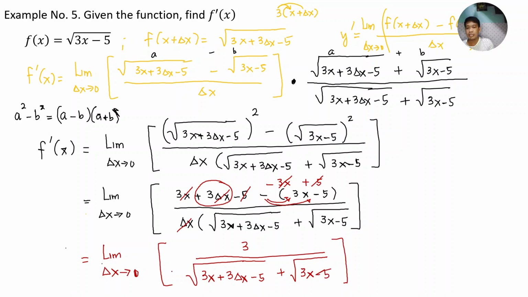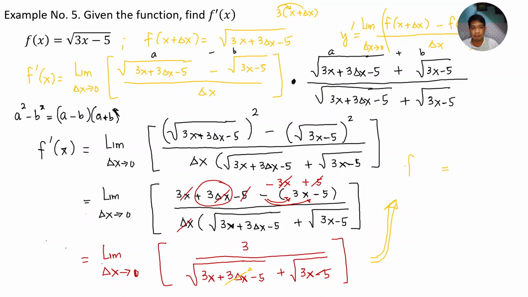So, substituting this delta x in this simplified version of our function, this delta x is equal to 0 because it approaches 0 using function value, and non-delta x is treated as constant. So, this becomes 3.